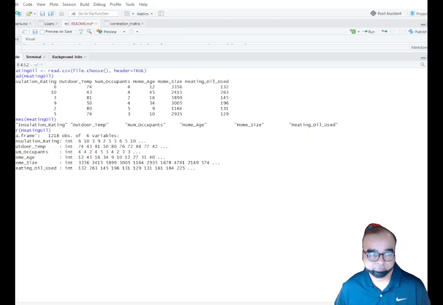The str function displays the structure of the data set and confirms that each variable has the appropriate data type. The next requirement was to build a linear regression model that predicts the heating oil usage using all the remaining variables. So for that, I run this command.